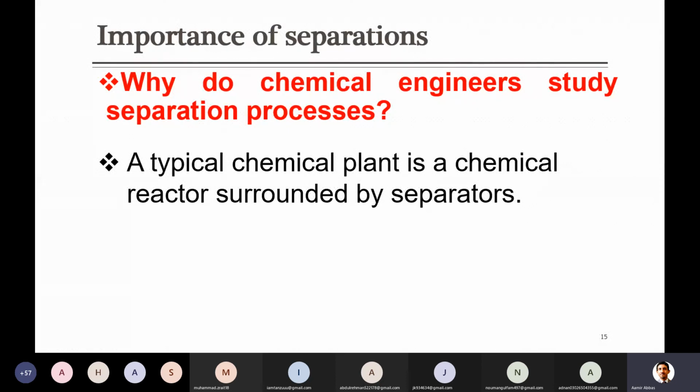But kindly don't get confused, because sometimes you will see chemical industries that don't have a reactor. Sometimes they work only on the raw material side, preparing material to be sent to another industry, or they take some product and just perform separation.